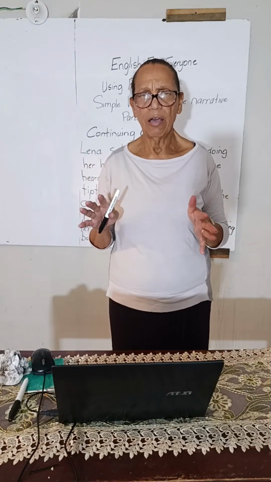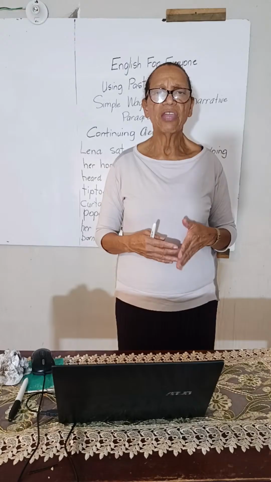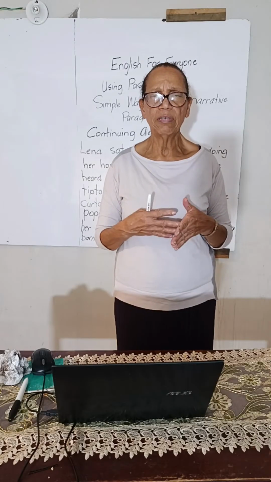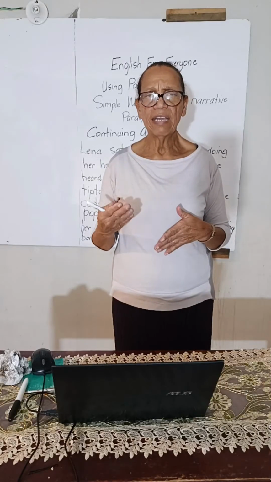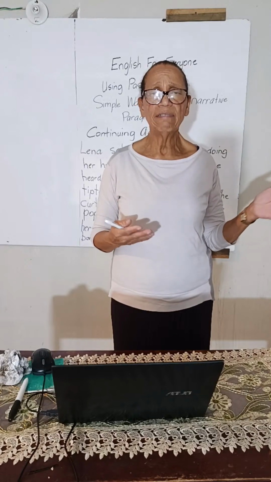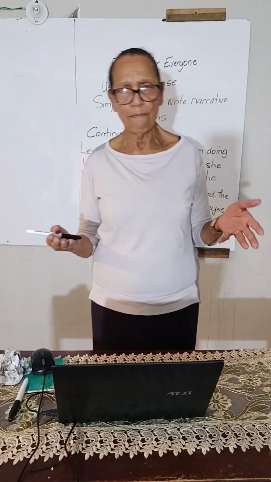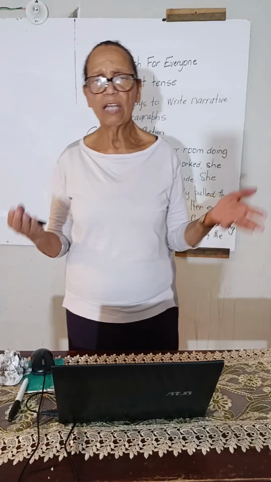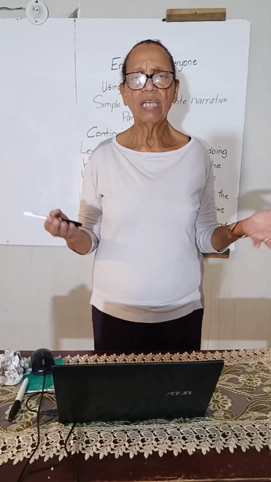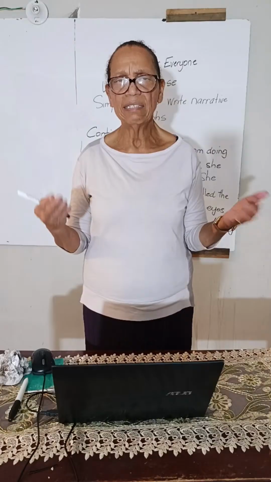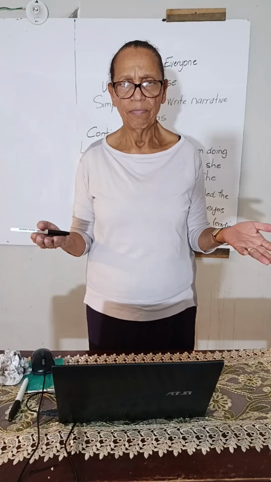We also say that there are some action verbs where the present tense and the past tense are the same, like cut and cut, put and put, set and set, let and let.